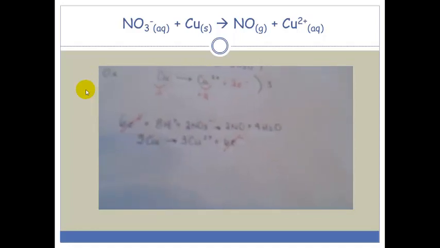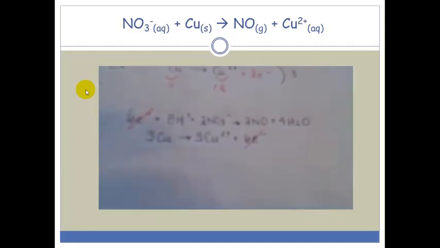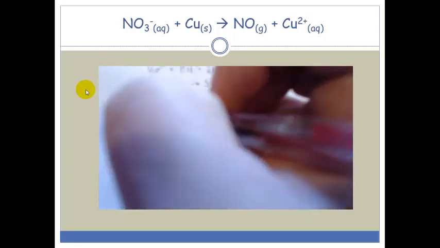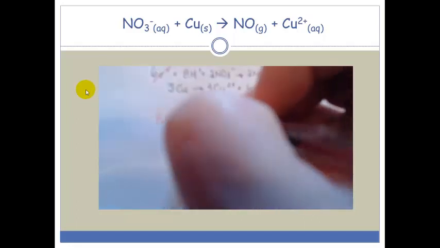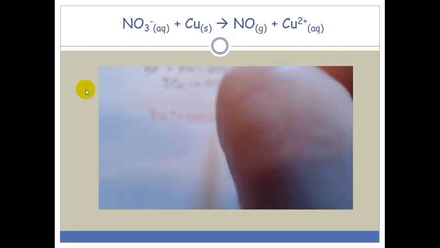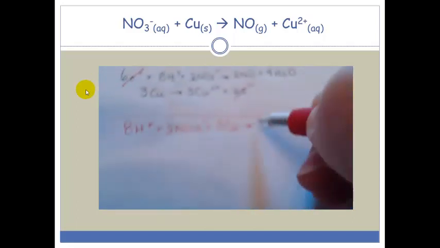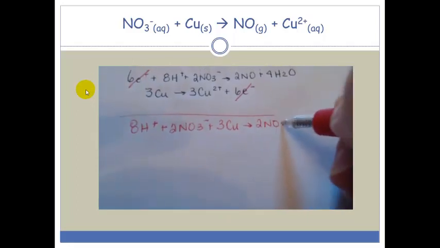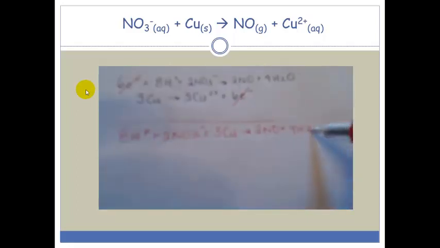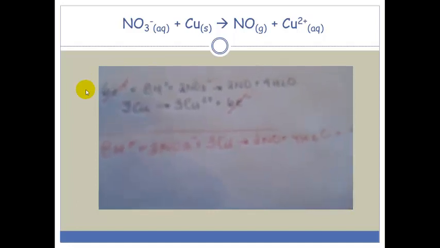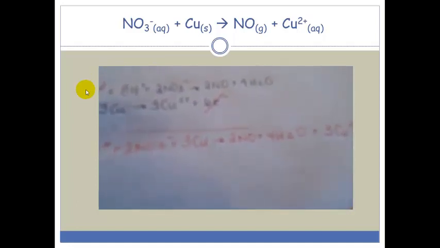and rewrite our balanced redox equation. So 8 hydrogen ions plus 2 nitrate ions plus 3 copper goes to 2 nitrogen monoxide plus 4 water plus 3 copper ions.